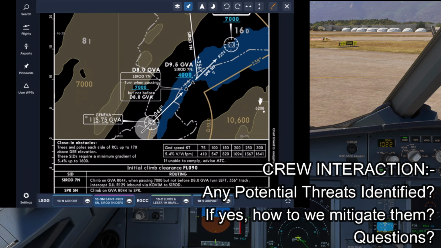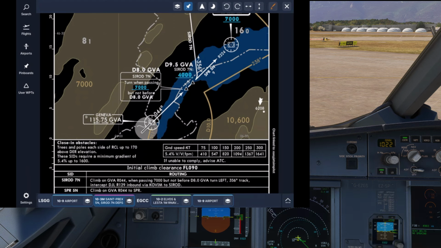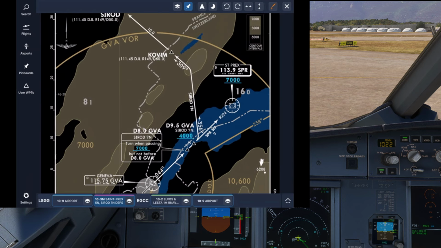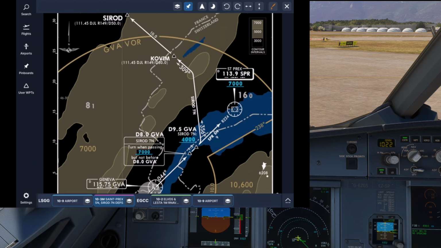We've got the Alps. In fact, the highest point, Mont Blanc, is just behind us as we're sat here on stand. Now it is higher terrain to the south, as you can see. That 10,600 is the MSA, and MSA as we are flying is just 7,000. I say just, it's still quite a high MSA.